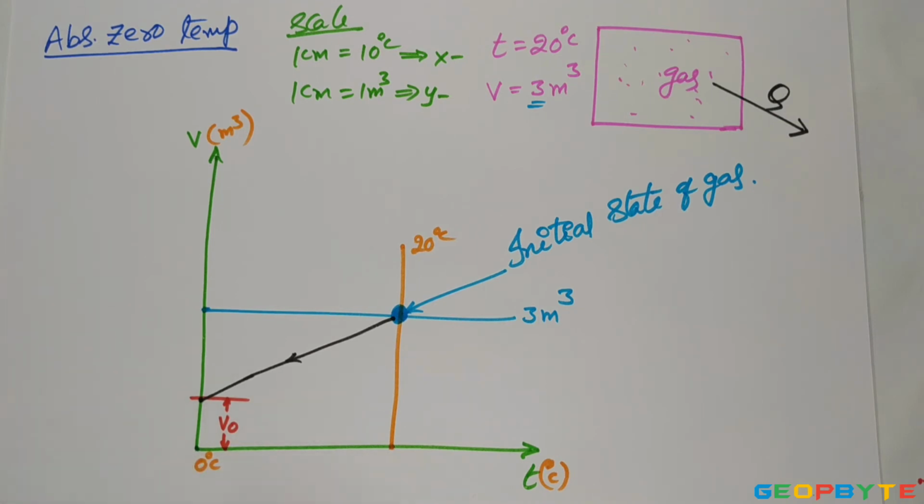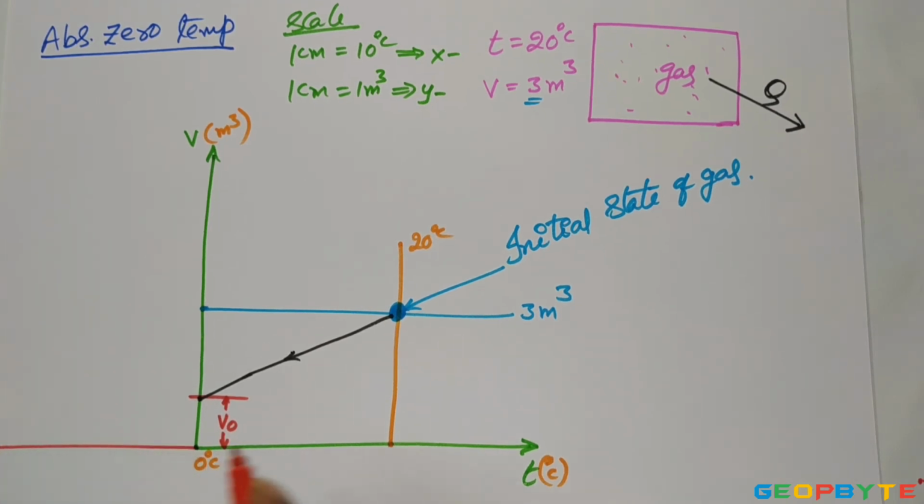Now, if you further cool the gas to negative temperature, the temperature keeps on decreasing, and the volume occupied by the gas keeps on decreasing.